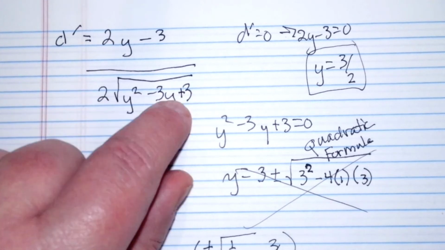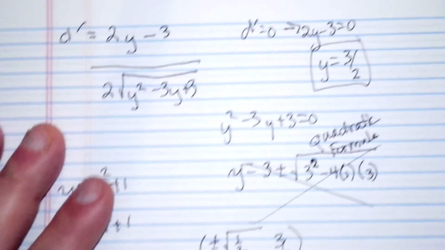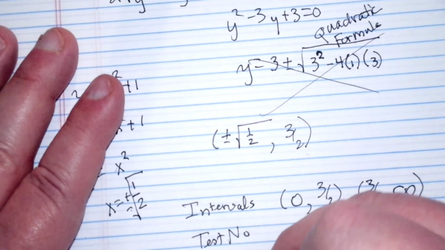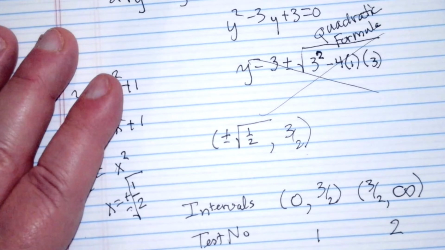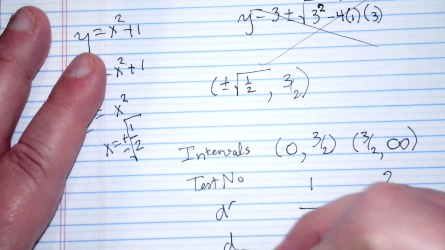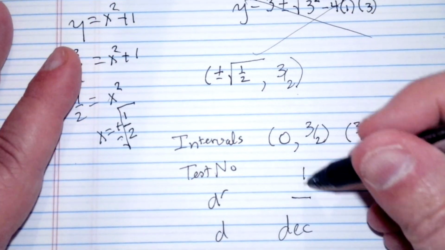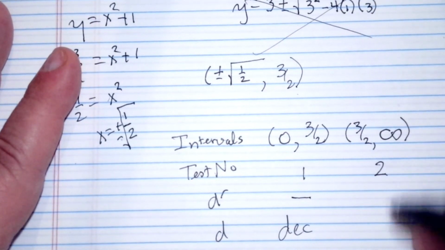So we're going to get 2 in the denominator and negative 1 in the numerator. That's negative 1/2. So d prime is negative. That's good because that means d is decreasing, which is good if we want a minimum at 3/2.